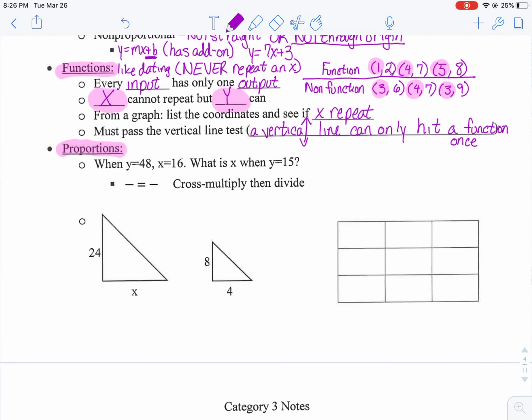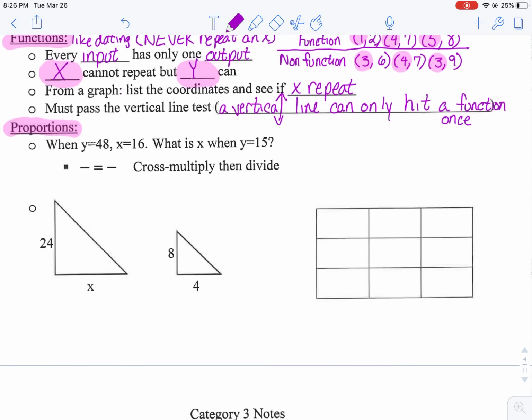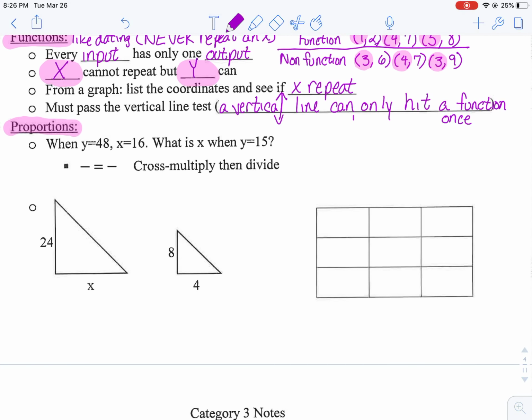I'm going to see if I can zoom out. Oh, no, I didn't get myself very much writing room. Okay. So something like this graph, if I draw a vertical line, it's only hitting it once, so it is a function.